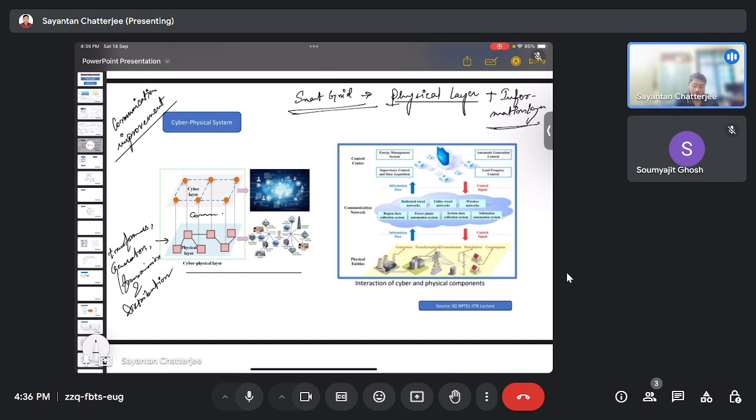Or another way is to impart knowledge about these cyber layers and all these things. Otherwise what we face is various cyber threats.